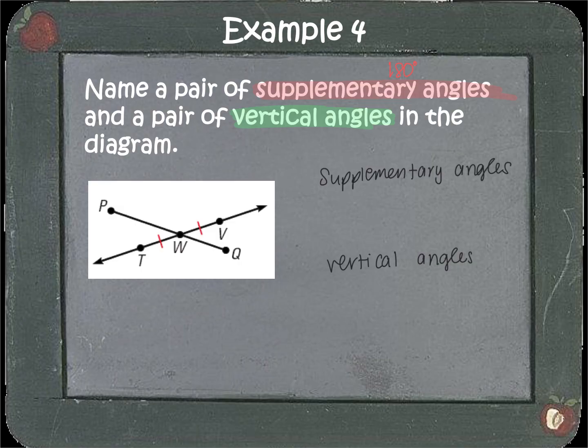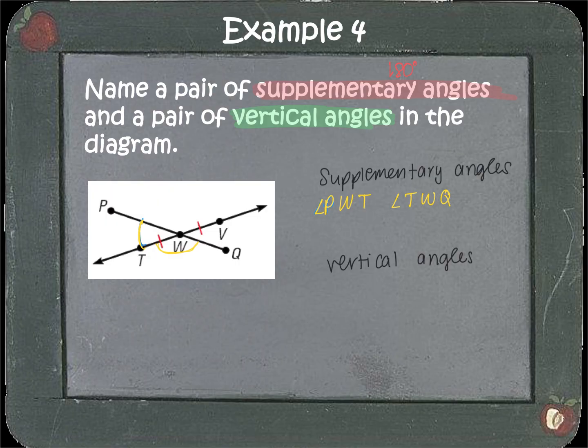So looking at this, I'm going to go ahead and name this angle right here. So this is angle P. Oh, you can't really see that. I'll change the color. Angle PWT and angle TWQ. So those are supplementary angles. If they're added together, they equal 180.